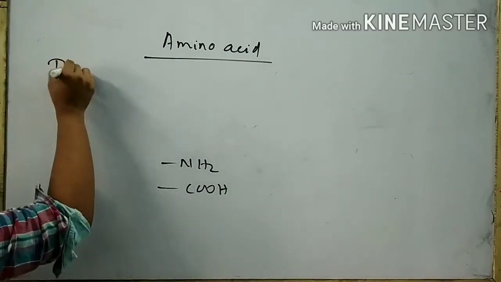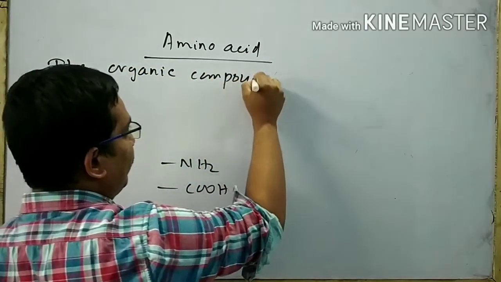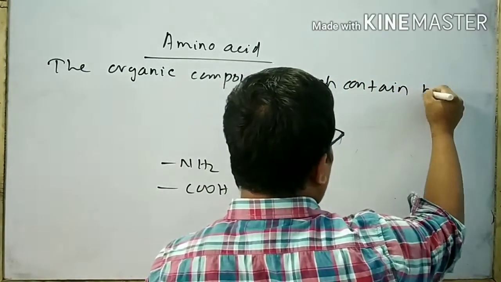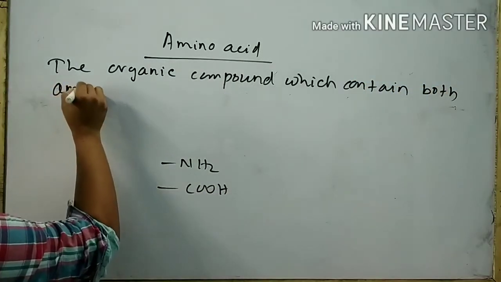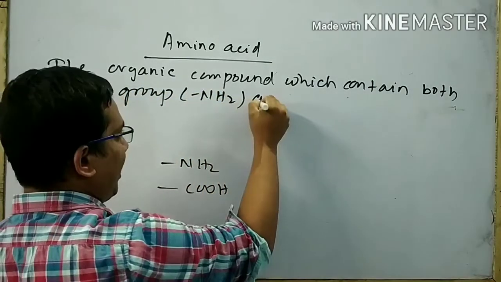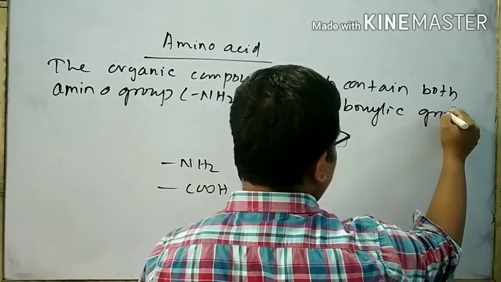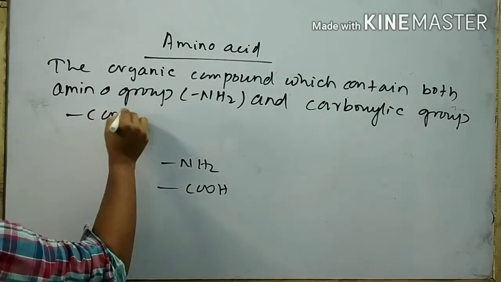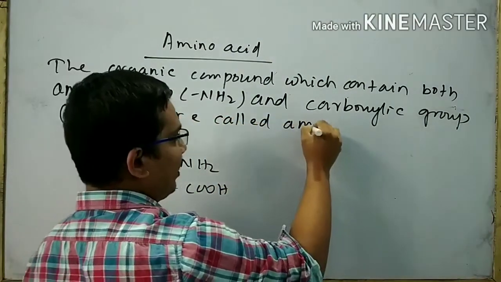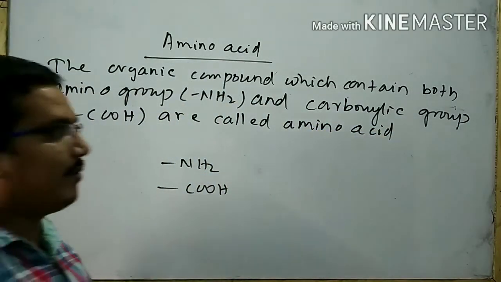So we can write: the organic compounds which contain both an amino group, that is NH2, and a carboxylic group, that is COOH, are called amino acids. The amino acids can be classified in different ways.